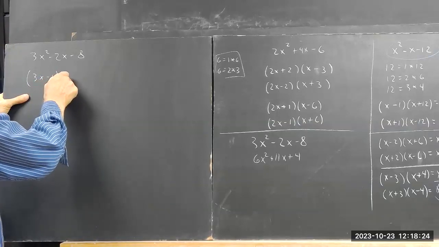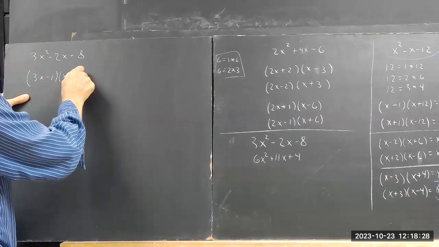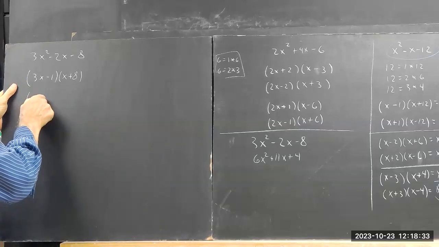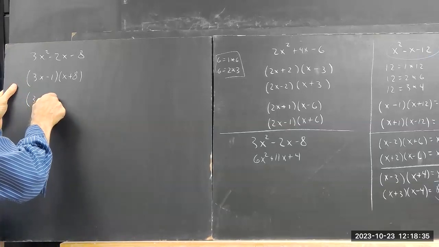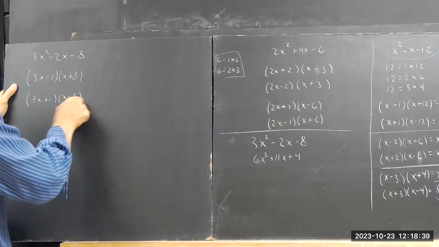Now that could be 3x minus 1 times x plus 8. Or it could be 3x plus 1 times x minus 8.